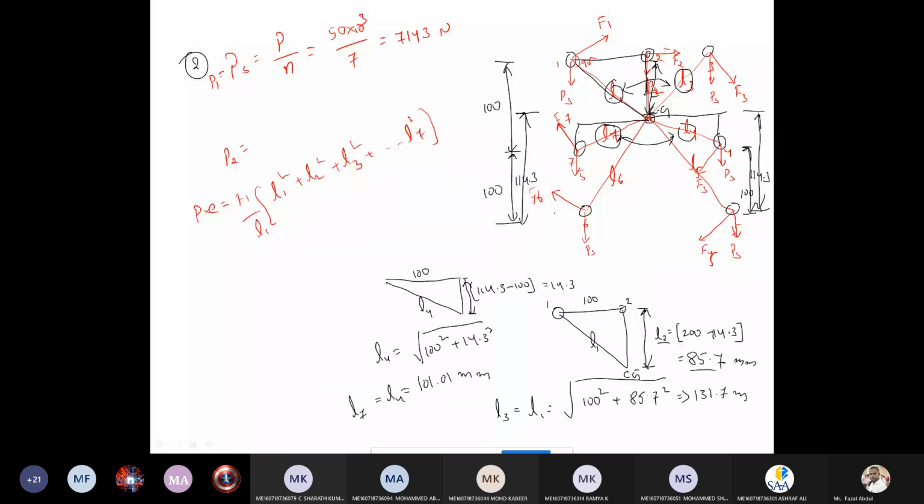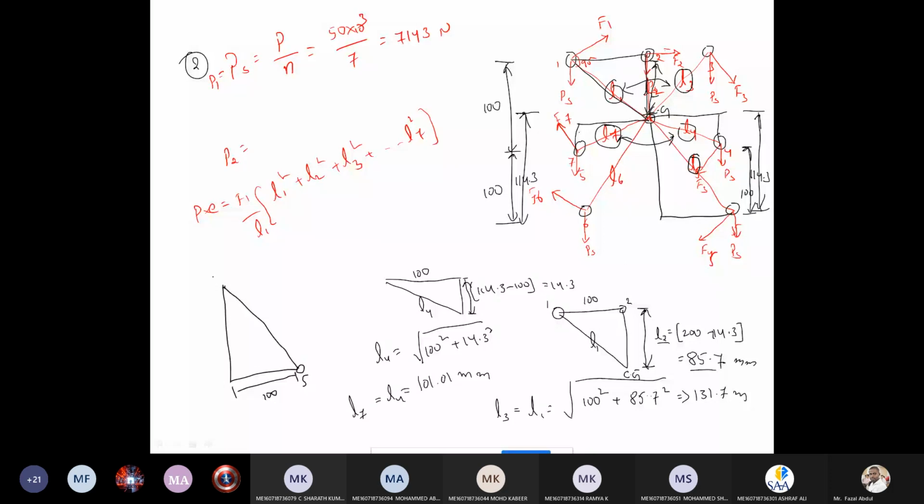Now what is L5? To get the L5 value, if I draw this one, it will form a right angle triangle that I'm drawing separately here. This is the fifth rivet, and from here to here is 100 mm, that is given in the question.